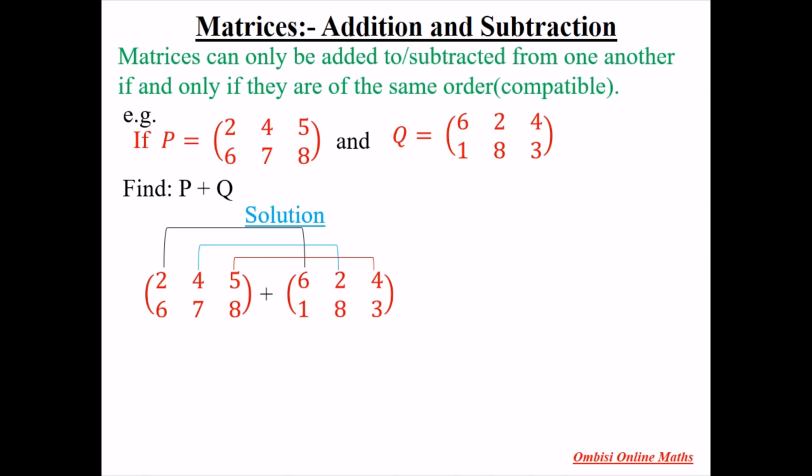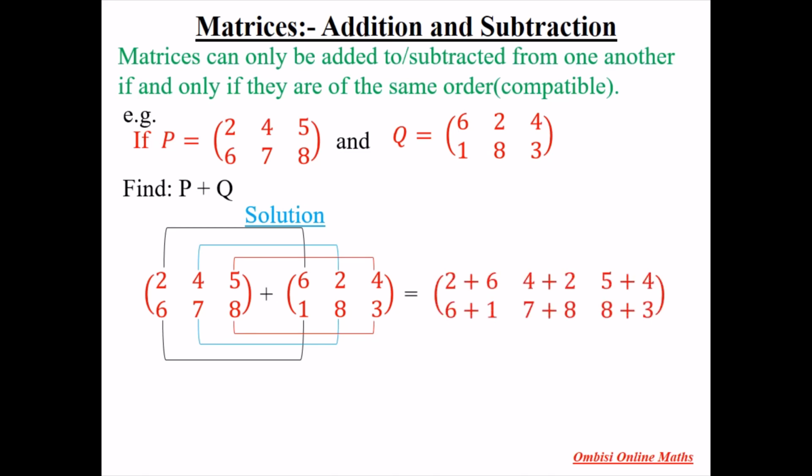The same works in the lower row, where 6 is added to 1, 7 to 8, and 8 to 3. This gives us 2 plus 6, 4 plus 2, 5 plus 4, 6 plus 1, 7 plus 8, and 8 plus 3, which translates to a matrix of 8, 6, 9, 7, 15, and 11.